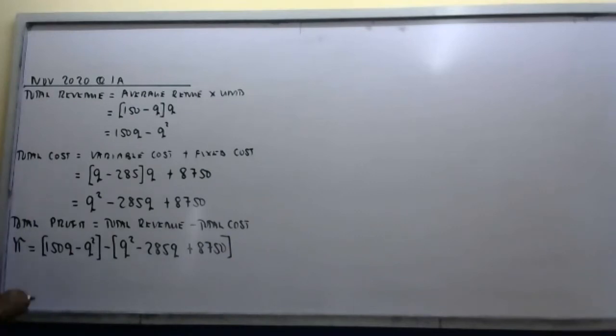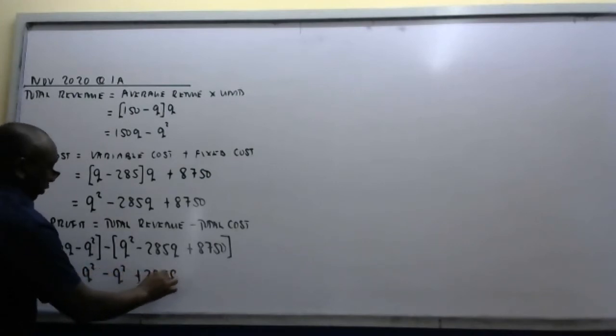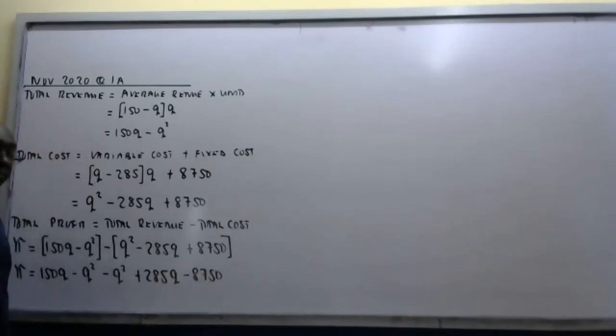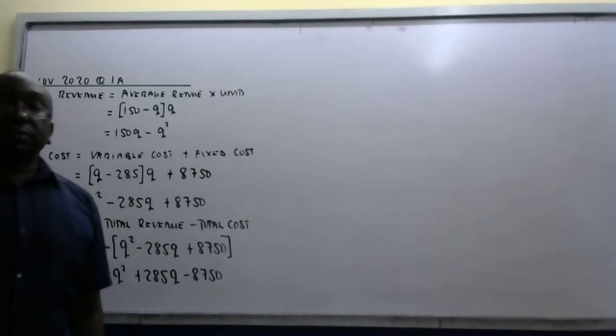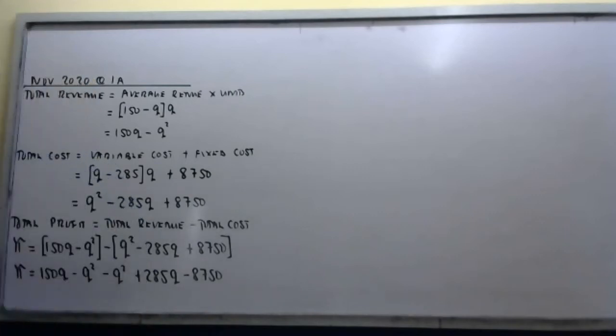Opening these brackets, you get that pi is equal to 150Q minus Q squared plus 285Q minus 8750.